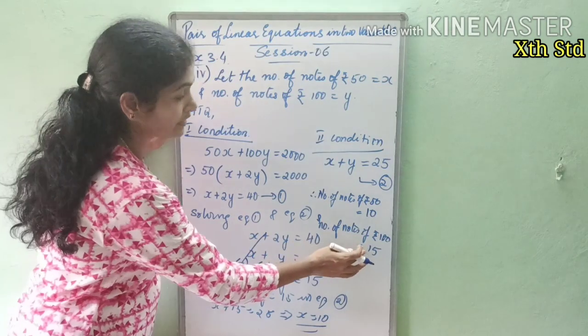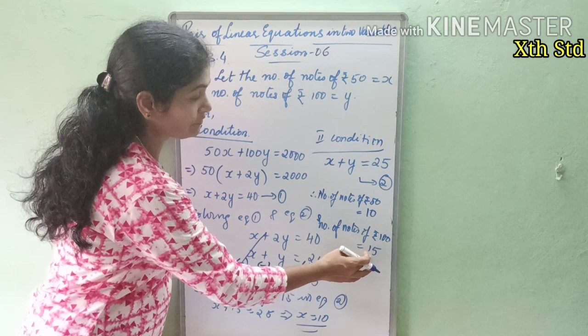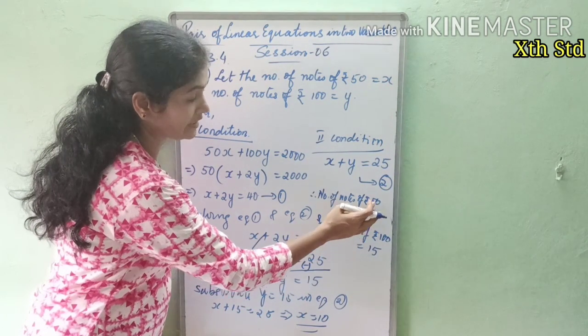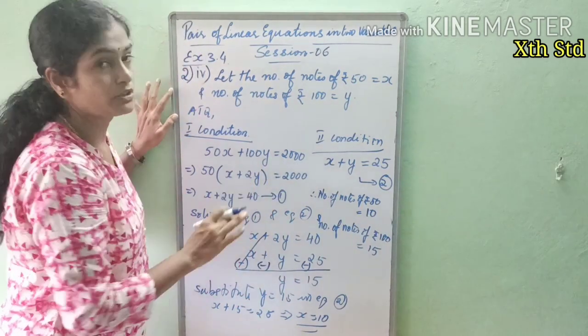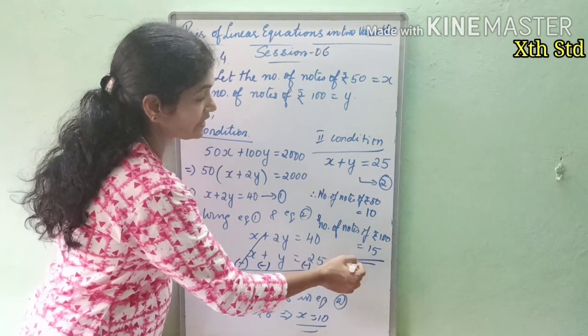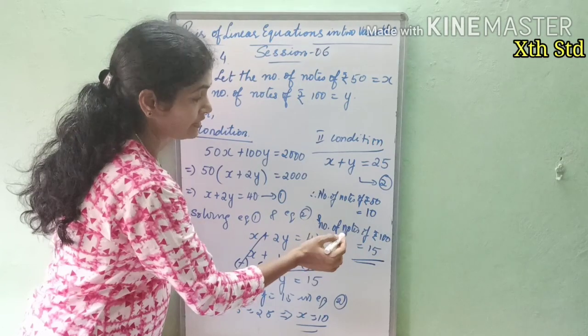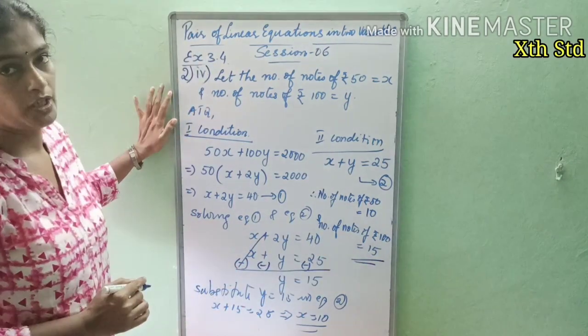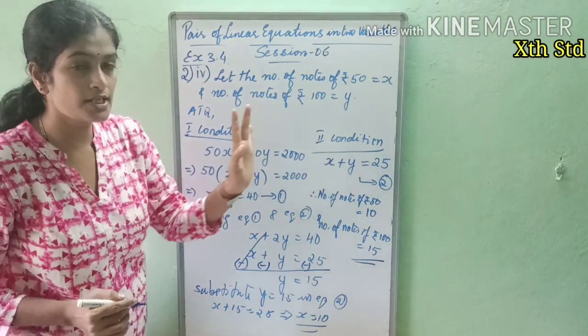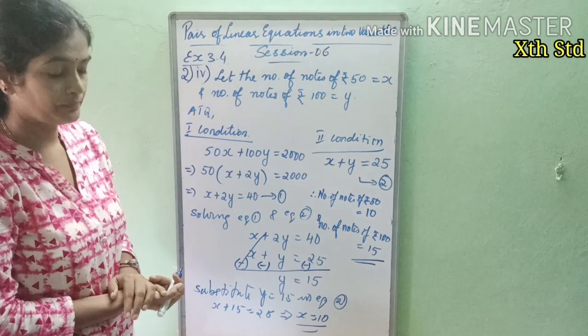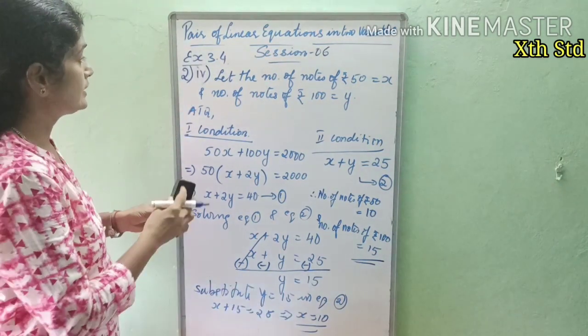Fine. If you look at 15 into 100, 1500, 50 into 10, 500. When you add up both, you are getting 2000 rupees. So she will get 50 rupee notes 10 and 100 rupee notes 15. So total number of notes is 25. Fine. Then we will see the last bit of it.